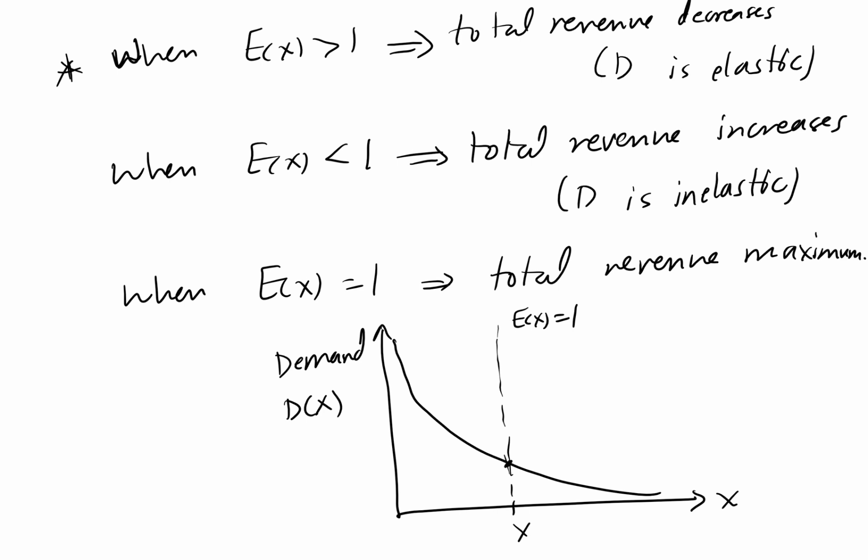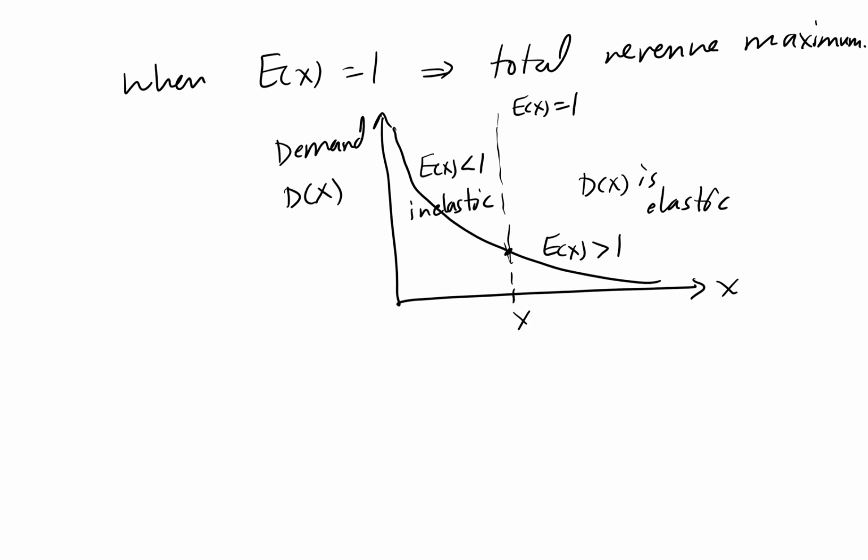This to the right side, that's when E of x is bigger than 1, so D of x is elastic. And this is when E of x is less than 1, inelastic. That's a quick representation of what I just spoke about.